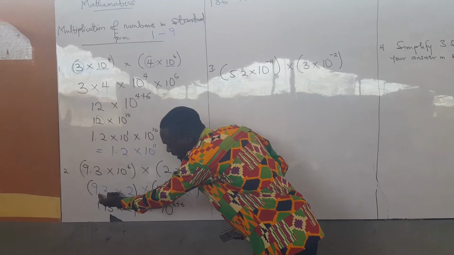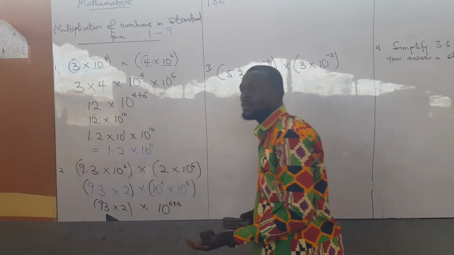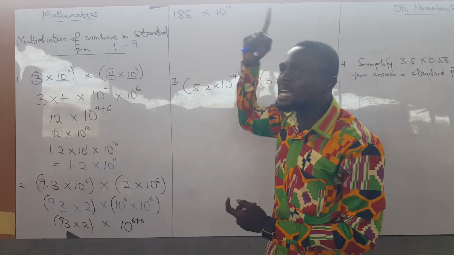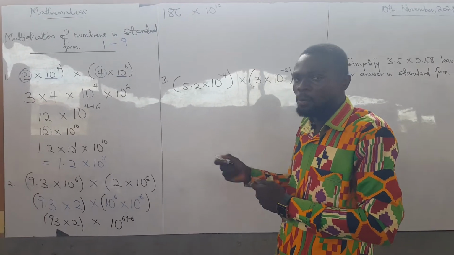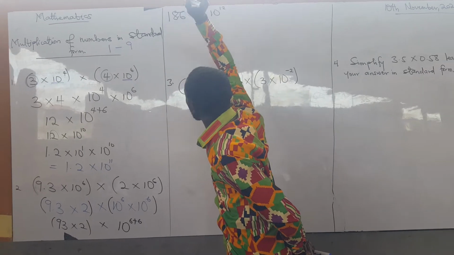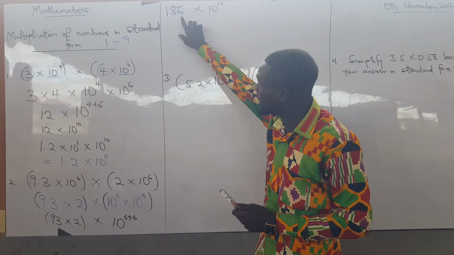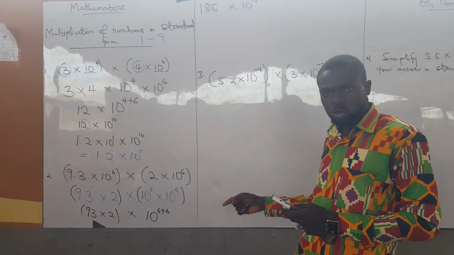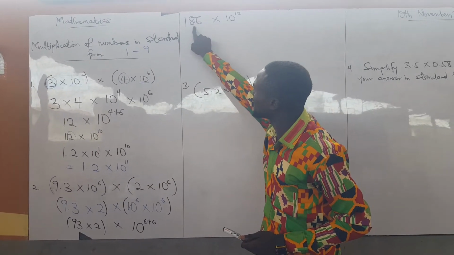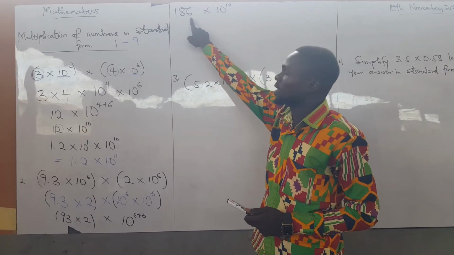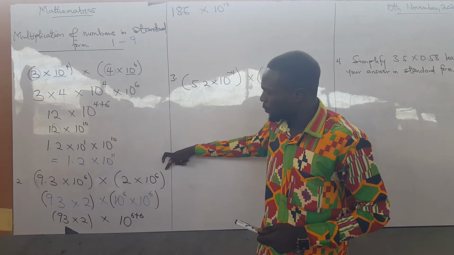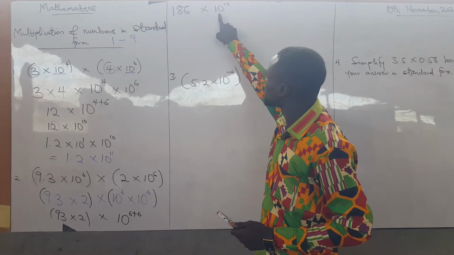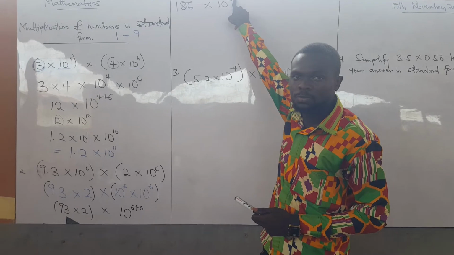So because after the decimal point the number here is 1, we have to also make sure that in the final answer, one number should be after the decimal point, and therefore we are going to bring our point here. So this means that 9.3 times 2 will give us 18.6. So in terms of standard form, we are going to get 18.6 times 10 raised to the power 12.